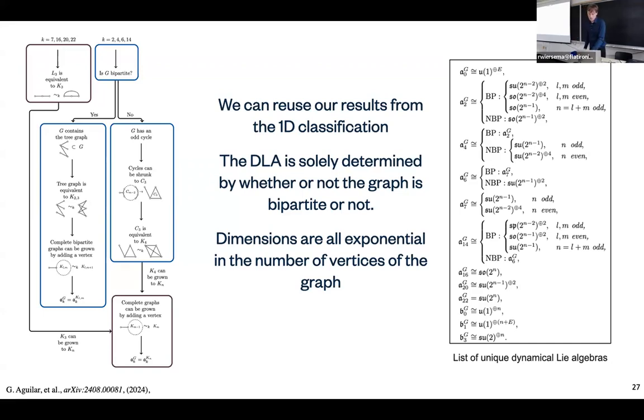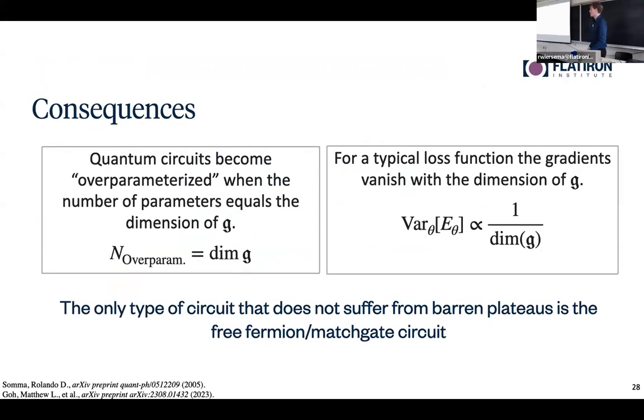So maybe let me talk about some of the consequences of this. I alluded to this already in the introduction. If you're doing variational quantum computing, what this classification will tell you is that if you make a circuit with 2-qubit gates, any type of circuit with 2-qubit gates is basically contained in our classification.